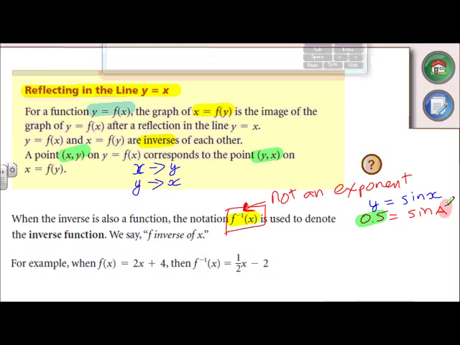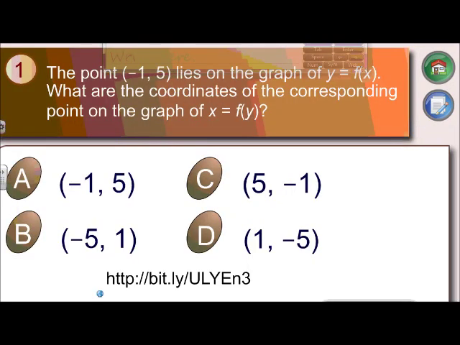And if we switch those two, we use the inverse. So we would say a equals the inverse sine of 0.5. And that notation right there is the same notation that we're talking about right here. It's the inverse. Switch the x and the y. So you've actually been using it even up to this point.